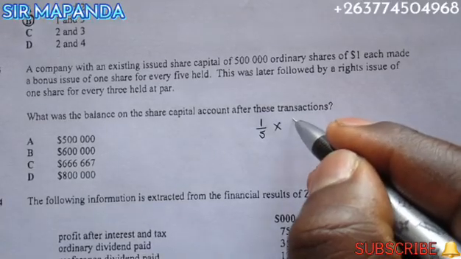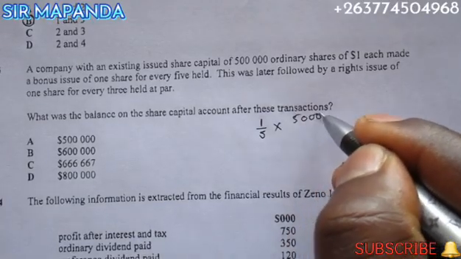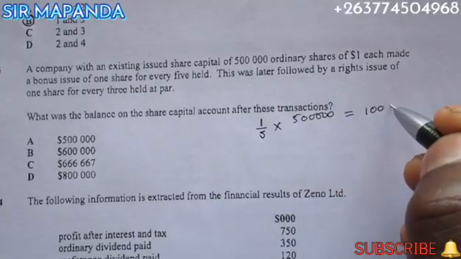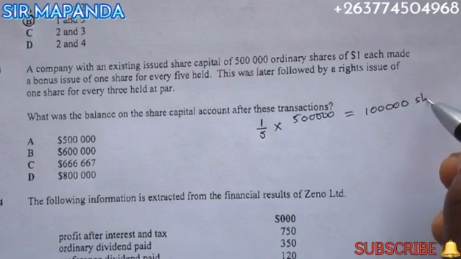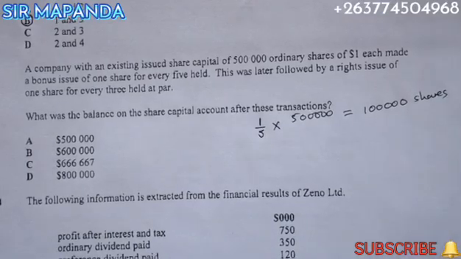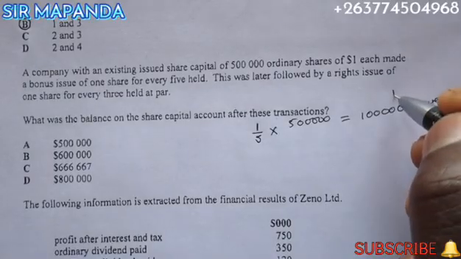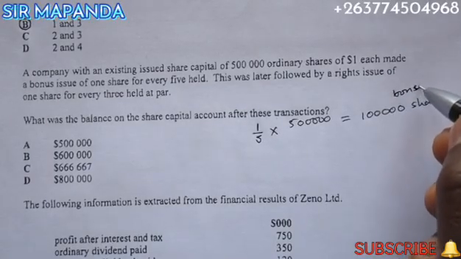So 1 over 5 times 500,000, you get what? You get 100,000 shares. So these are shares made by the bonus. I hope you are following. Right. So let me indicate this is bonus shares.